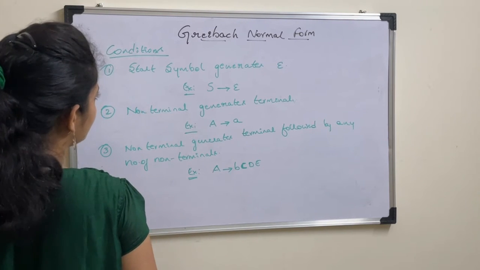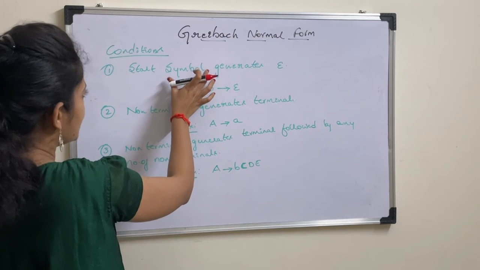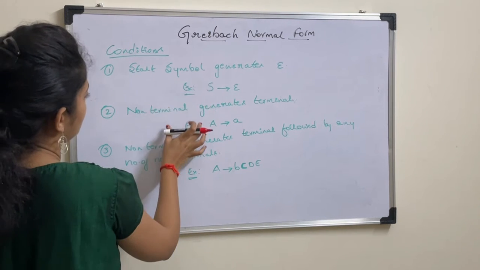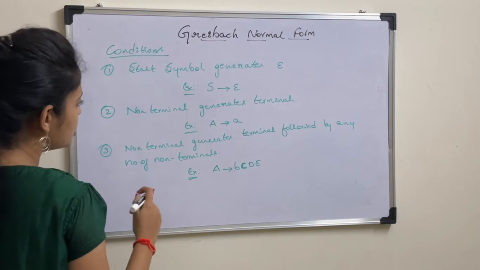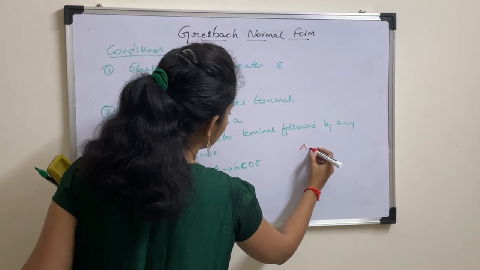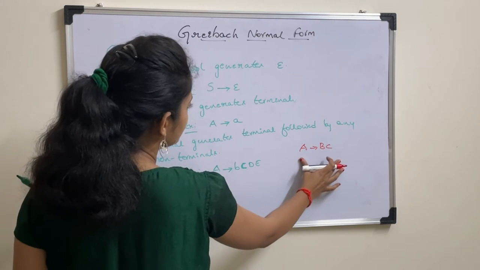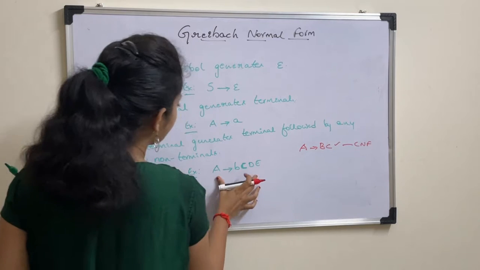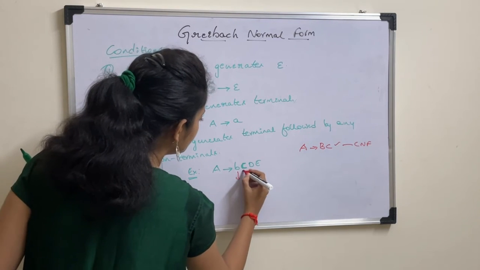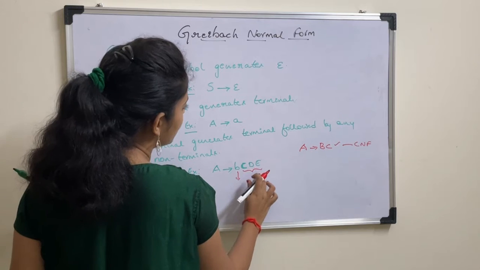So you can observe the difference between CNF and GNF here. In CNF, these two conditions are the same, whereas the third condition is that a non-terminal can generate two non-terminals, not more than two. Here, the right side should contain a terminal followed by any number of non-terminal symbols.